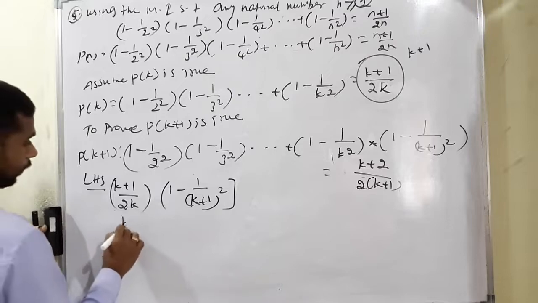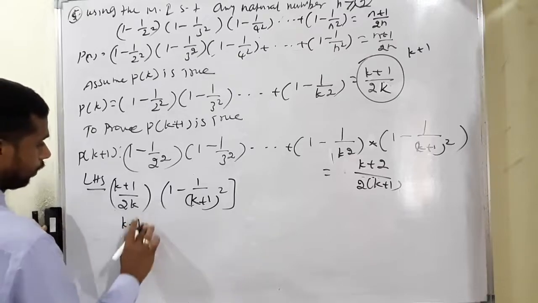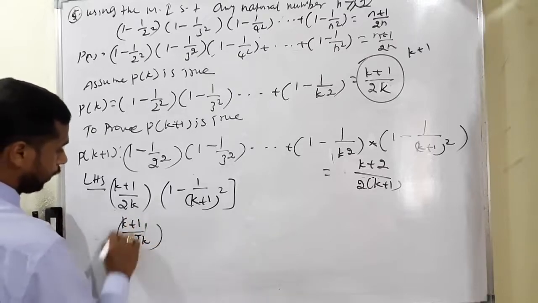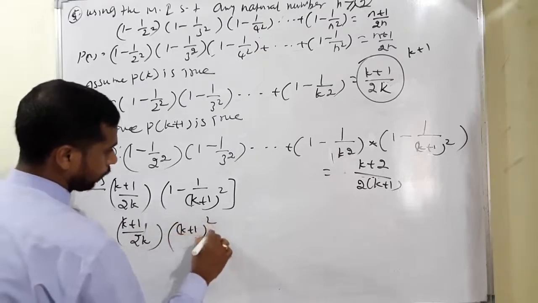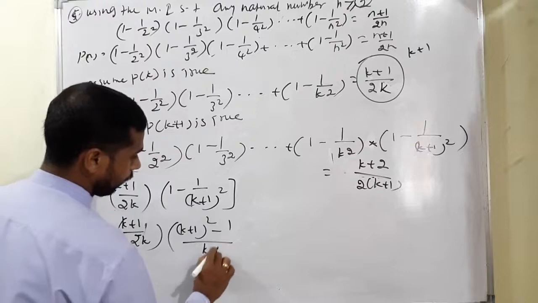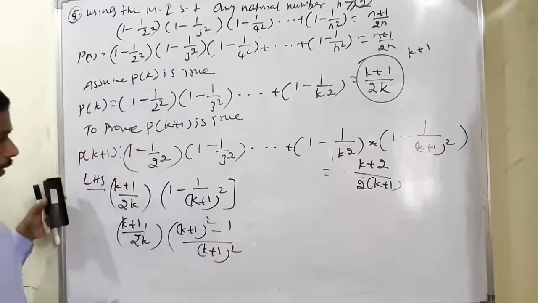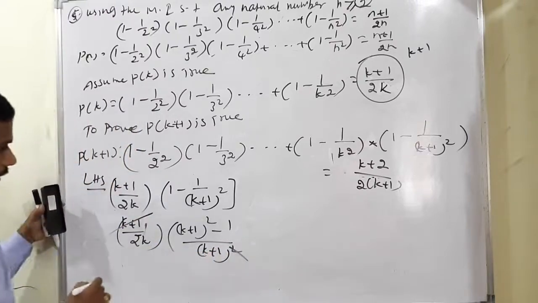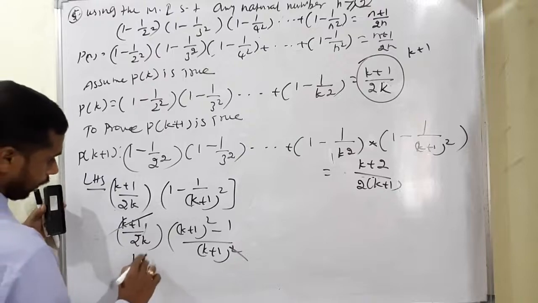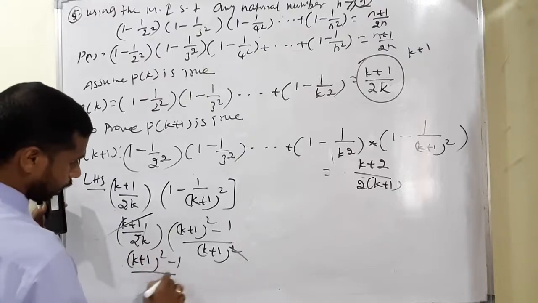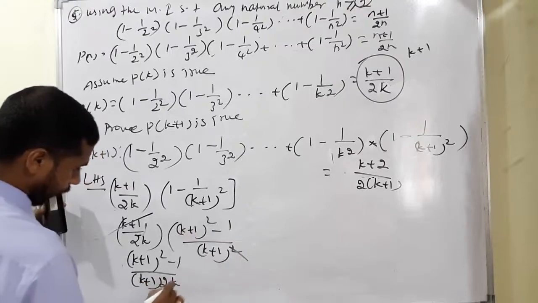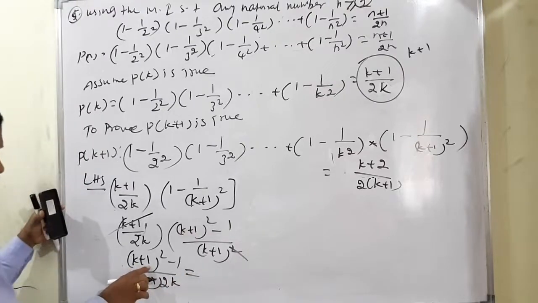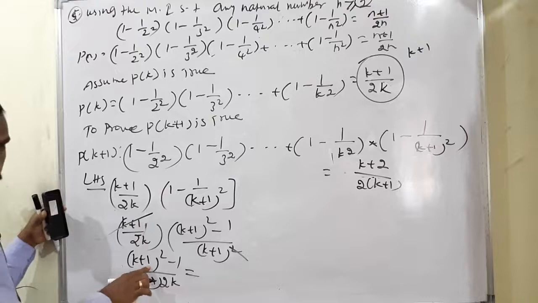Now the first term as it is, (k+1)/(2k). The next one, simplify: ((k+1)² minus 1) divided by (k+1)². So the square and (k+1) cancel, then remaining ((k+1)² minus 1) divided by (k+1) times 2k. (a+b)² form means a² plus 2ab plus b².